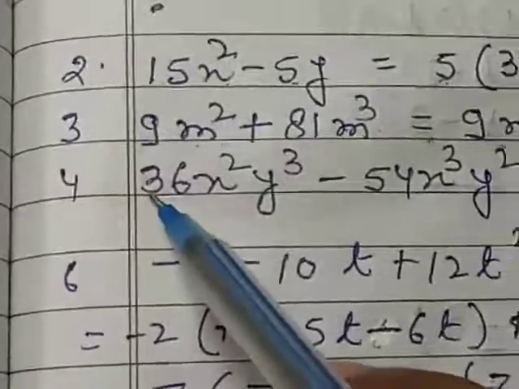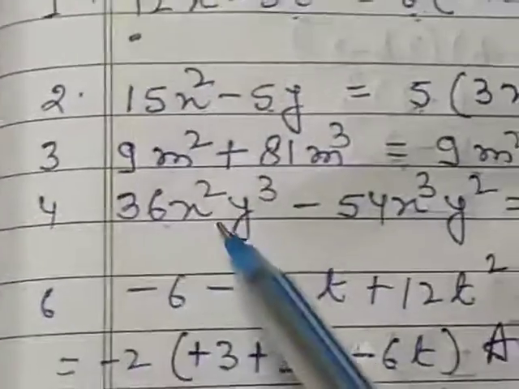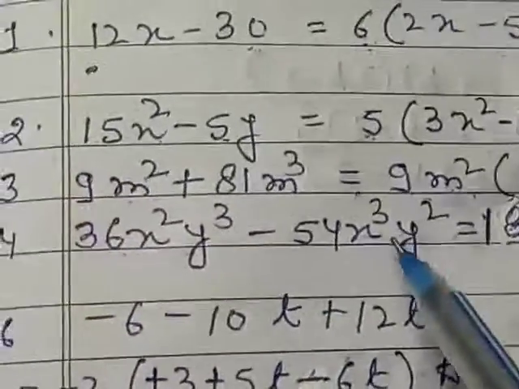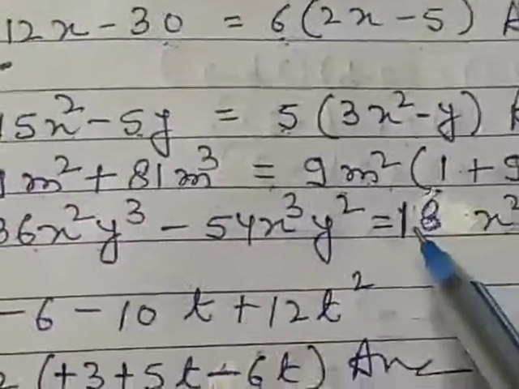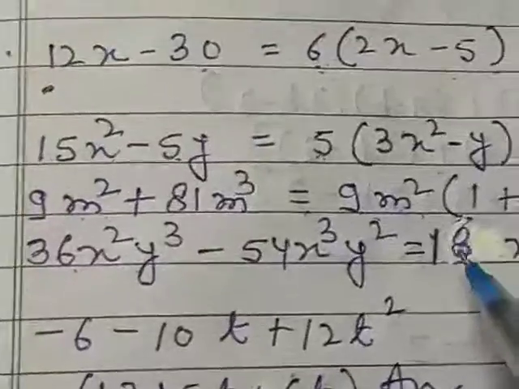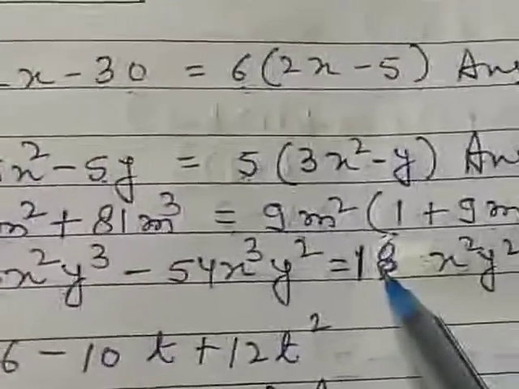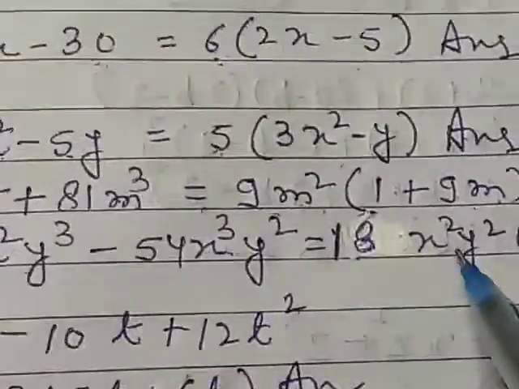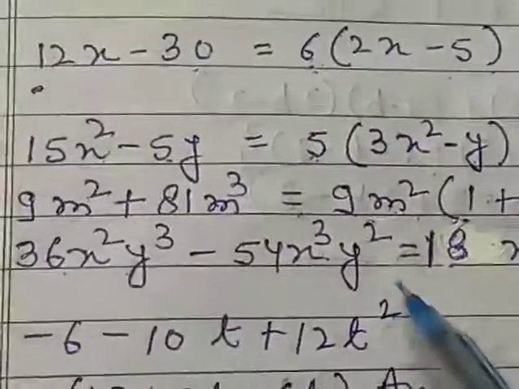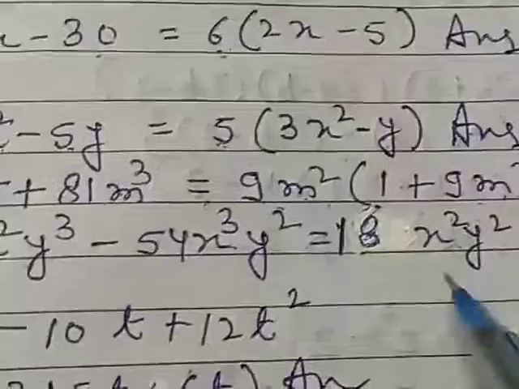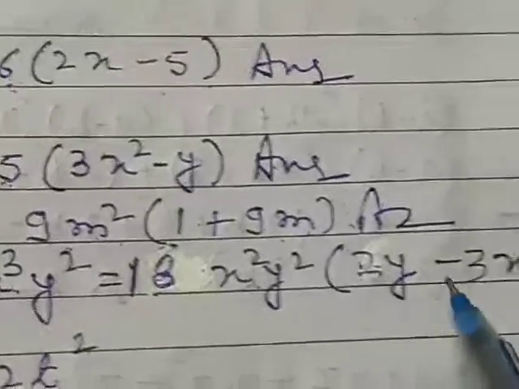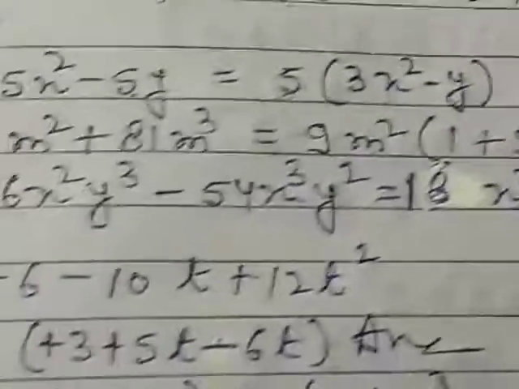Question number 4: 36x square y cube minus 54x cube y square. Here 18 is the common, x square is common, y square is common. When we divide all these terms, we get 18x square y square into 2y minus 3x.